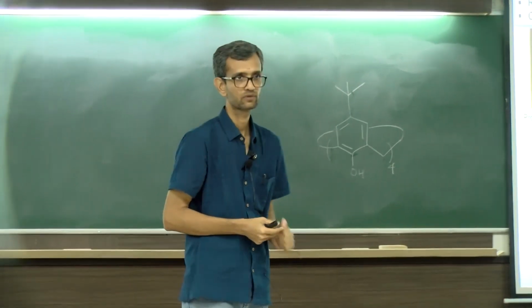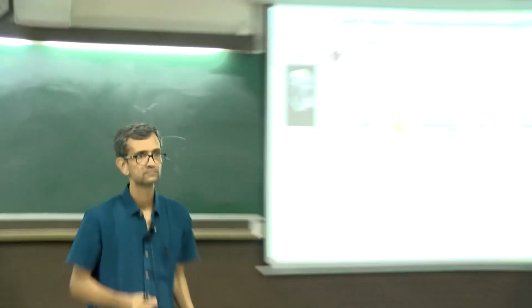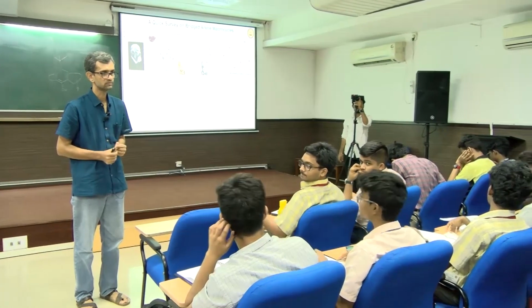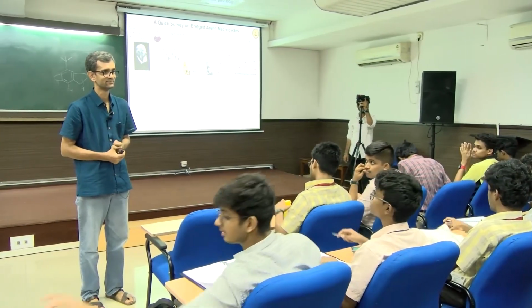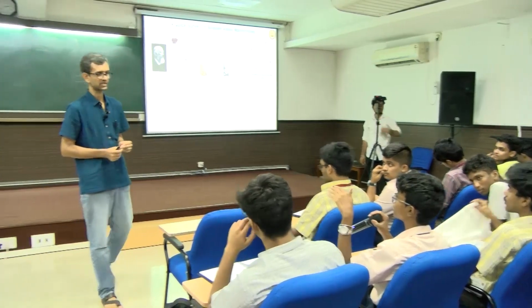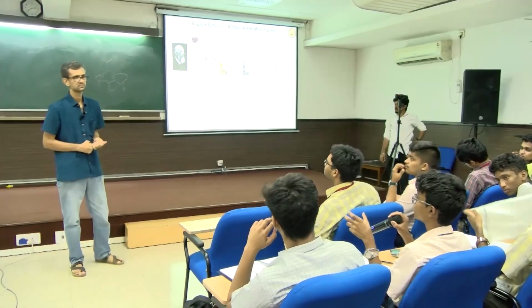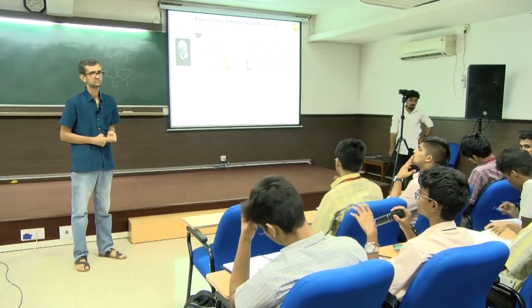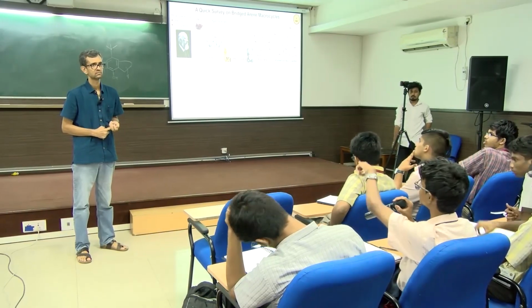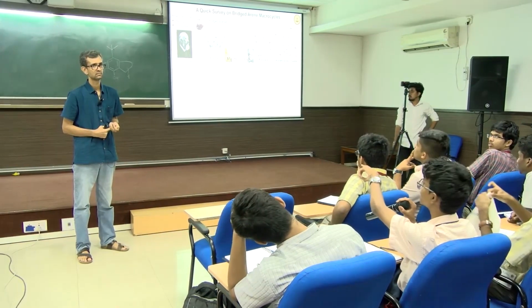Yes, sir. Okay. Yeah. Sir, before, when we talked about cucurbituril, we said that both sides had polar groups, correct, and in the middle it was non-polar, and that allowed us to select for certain chemical reactions. Is there anything special that calixarene can do?